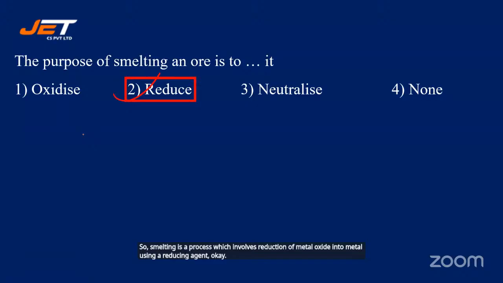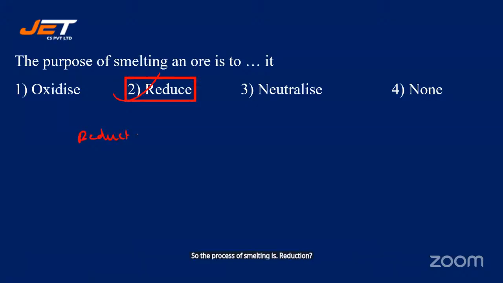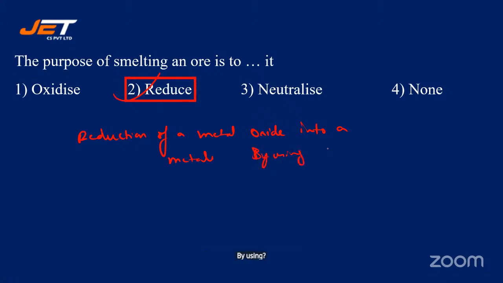So the process of smelting is reduction of a metal oxide into a metal by using a suitable reducing agent. Okay, this is the process.